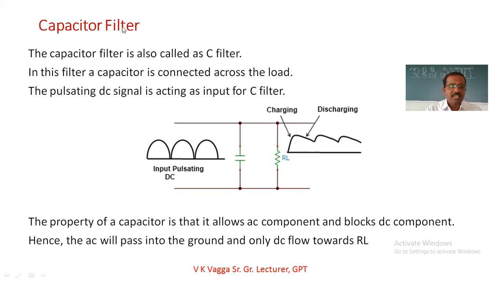Initially we'll see the working of the capacitor filter. This is the circuit diagram of the capacitor filter. The input for the capacitor filter is the pulsating DC. What is this pulsating DC? It's nothing but the output of the rectifier. So there is a rectifier circuit here, and the output of the rectifier is inputted to the filter.